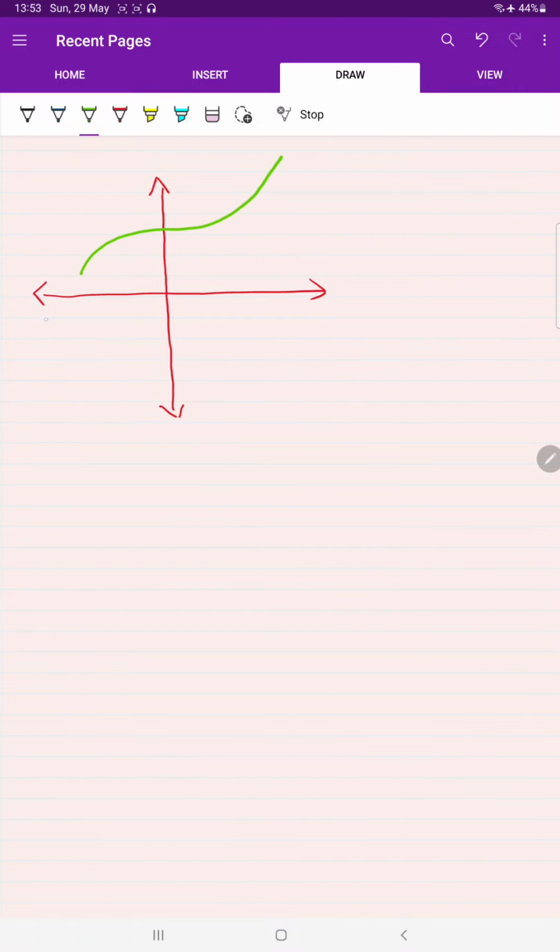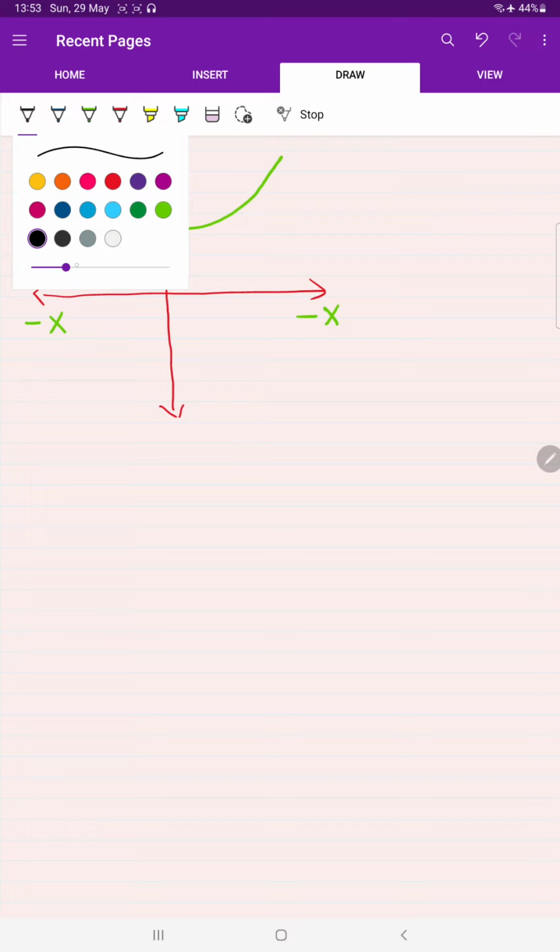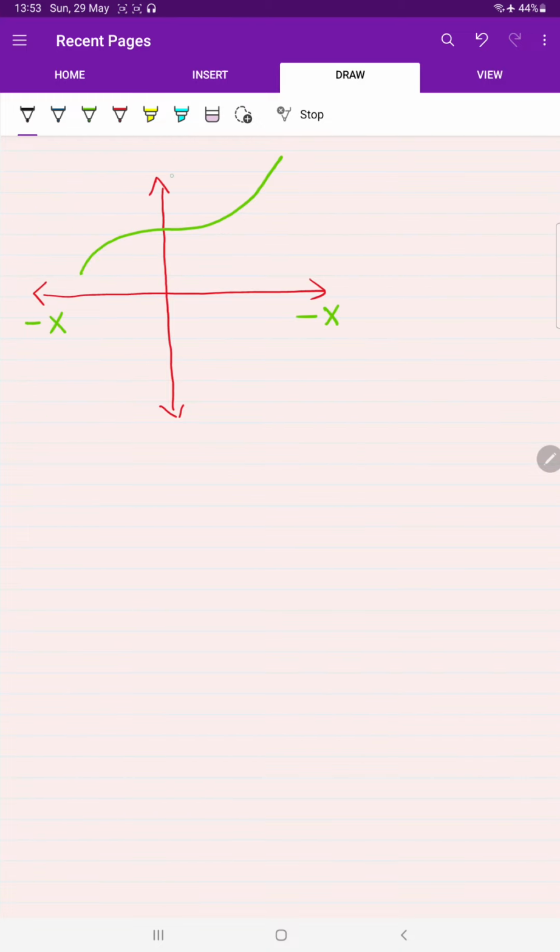In the x axis, x is varying from minus x to plus x. In the y axis, y is varying from plus f of x to minus f of x.